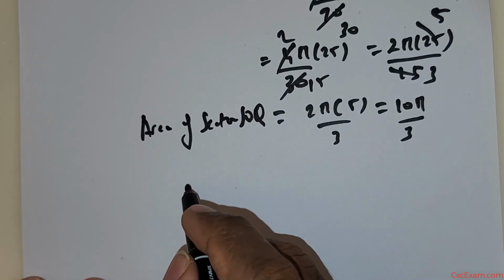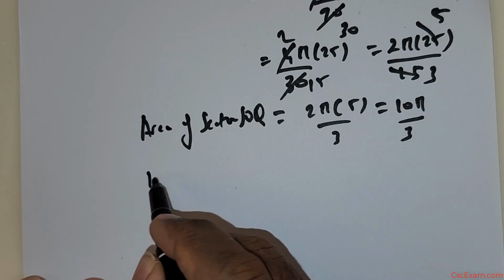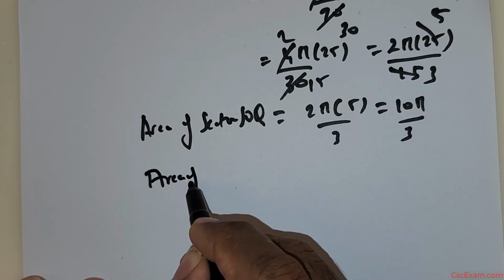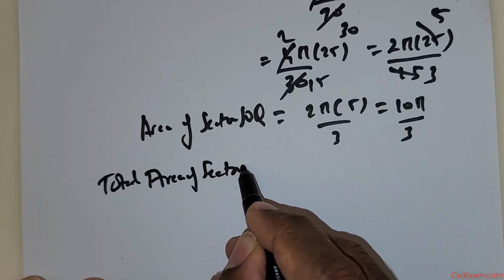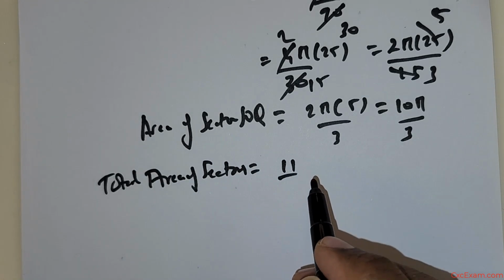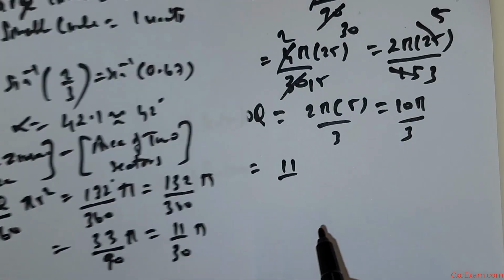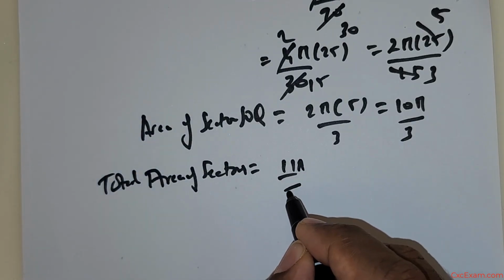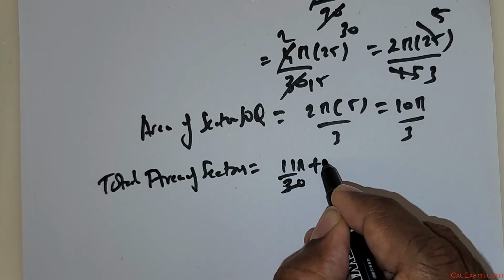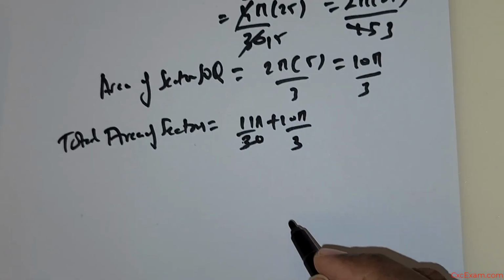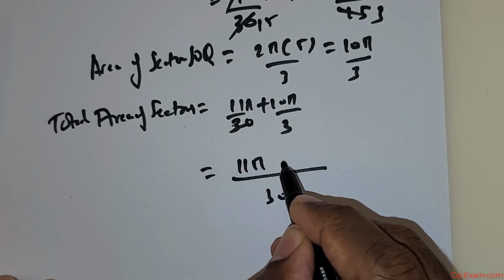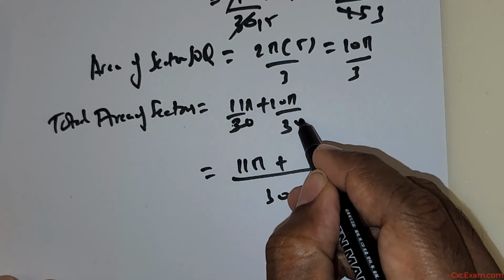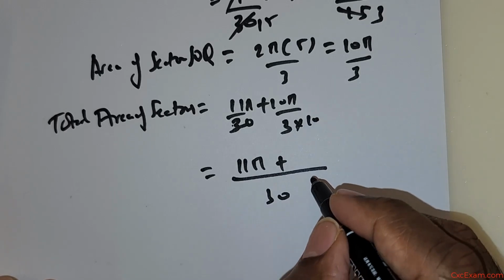Now we need to add the two sector areas. Total area of sectors: this one is going to be 11 pi over 30, that's what we got. So 11 pi over 30 added with 10 pi over 3. If we take the LCM as 30, this is going to be 11 pi. 3 divides here 30 10 times, right?